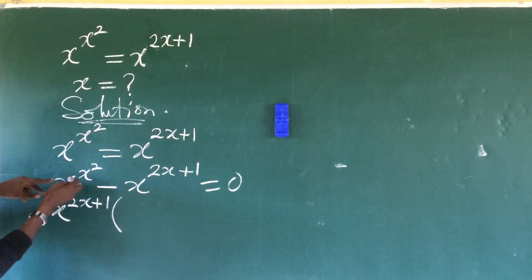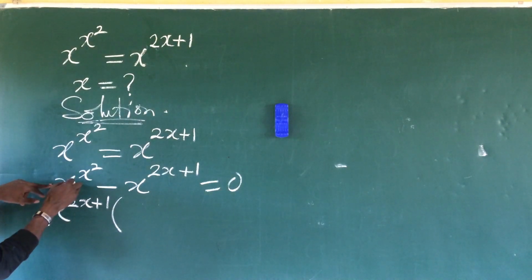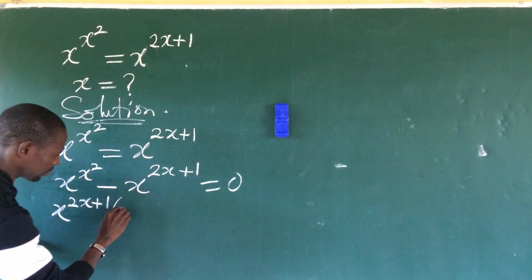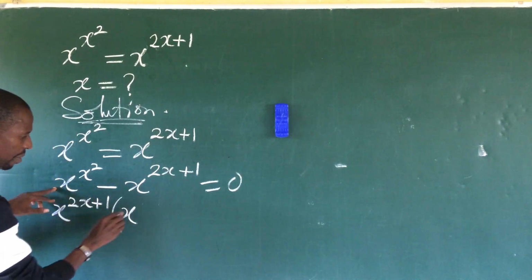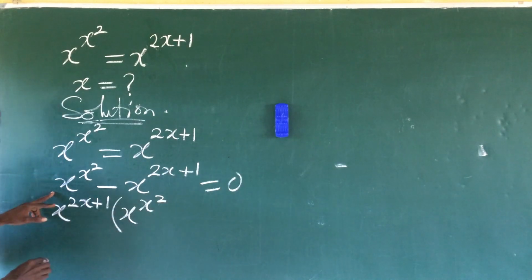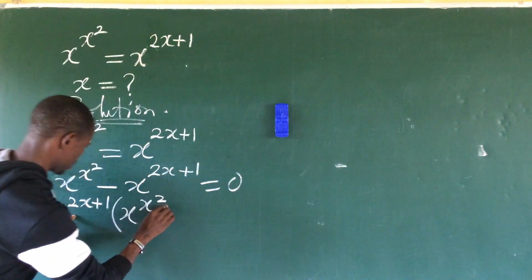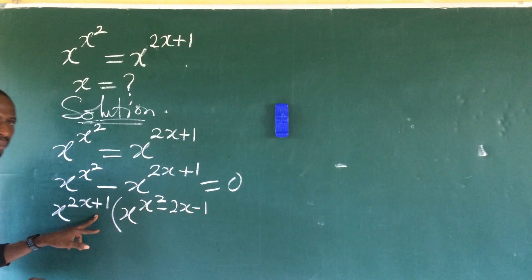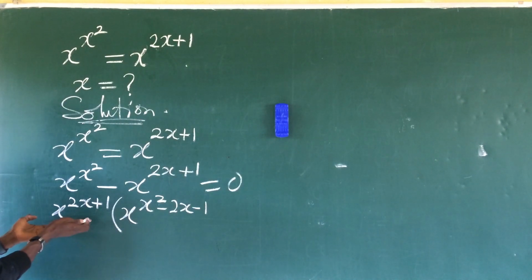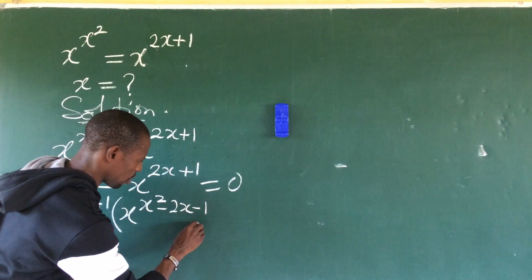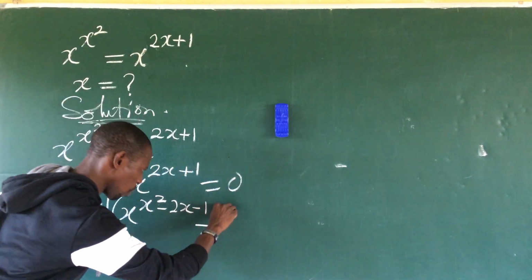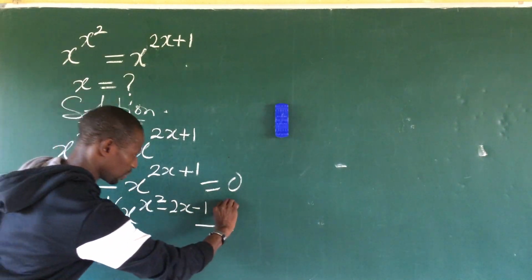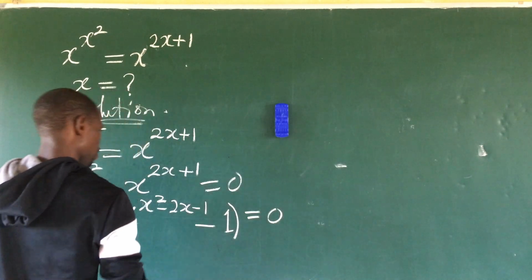If we use this to divide this, since the bases are the same, we subtract the exponent. So we'll be left with x to the power of x squared minus 2x minus 1. Then if we use this to divide this, we come up with minus 1. We'll be left with 1 on the other side. So we close our bracket. This is equal to 0.